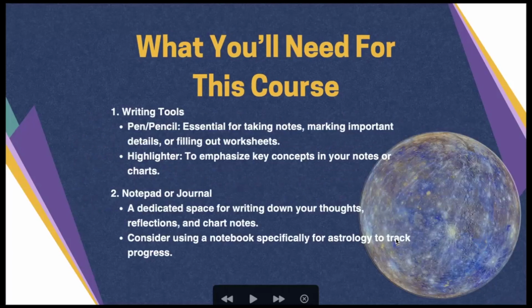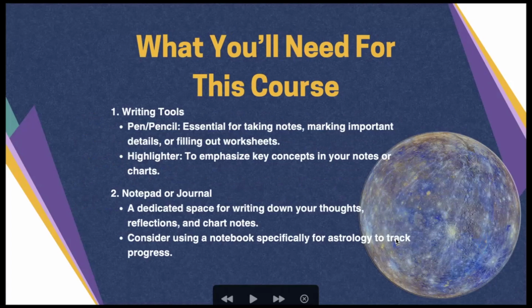What you are going to need for this course. Number one, writing tools. A pen or a pencil is essential for taking notes, marking important details, or filling out the worksheets that you will find out about momentarily. Highlighter to emphasize key concepts in your notes or charts.